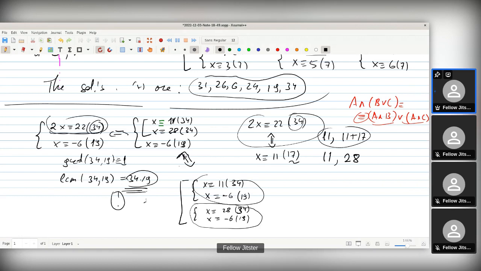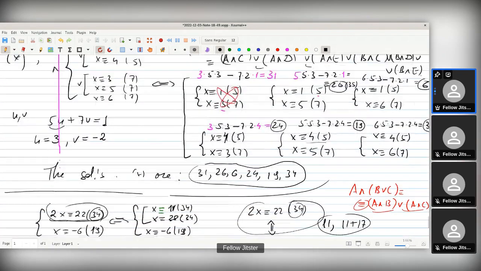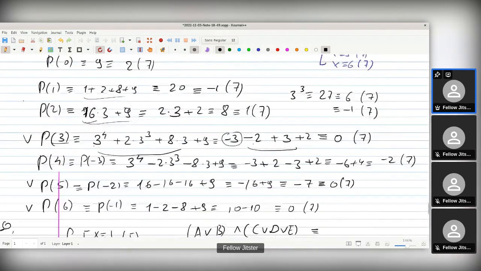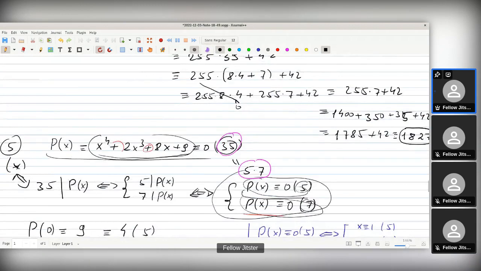Is it clear? Yes. So you will obtain two solutions to the original system. And in the case of that polynomial, we had obtained 6 solutions. Quite surprisingly, but nevertheless.